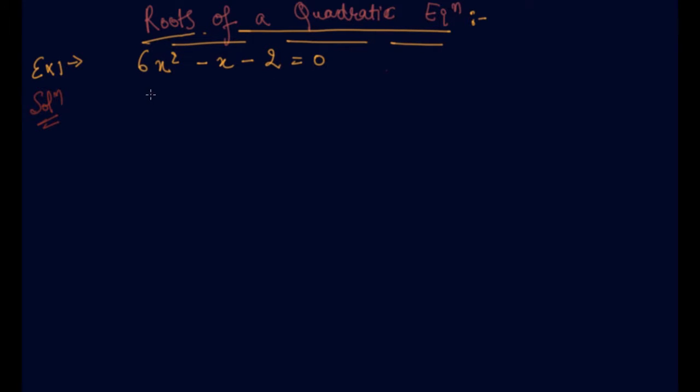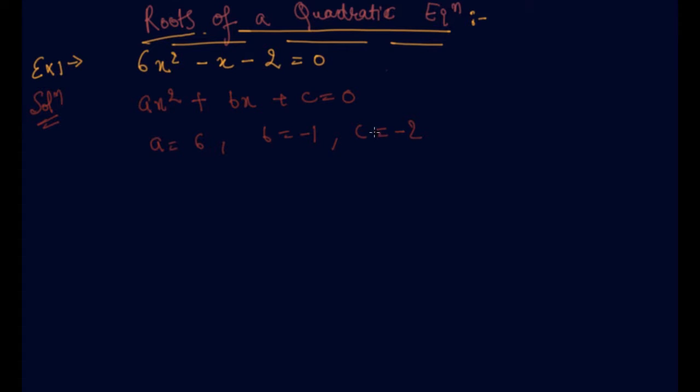As you can see, by comparing the equation to the standard form of a quadratic equation, which is ax square plus bx plus c, a comes out to be 6, b will be minus 1, and c is minus 2.